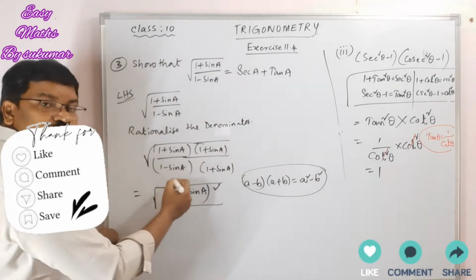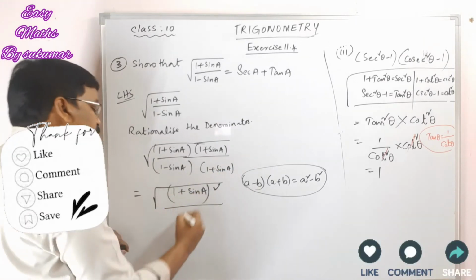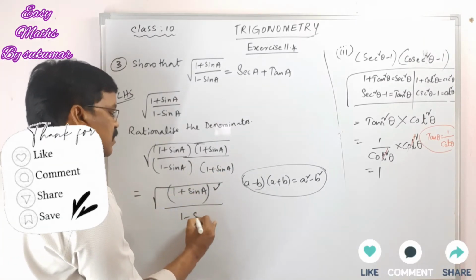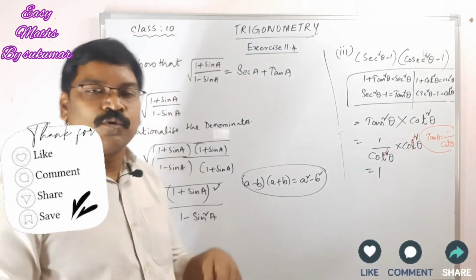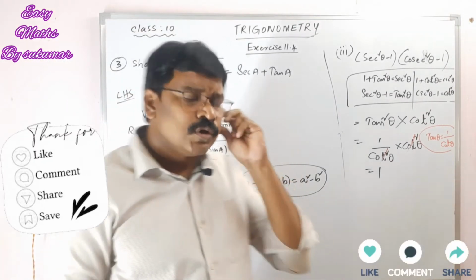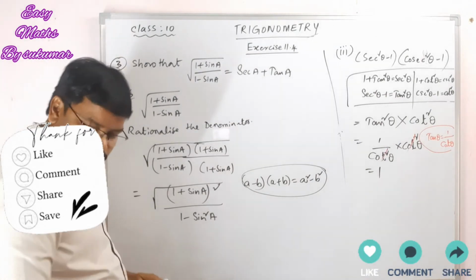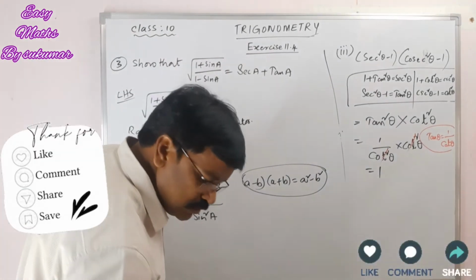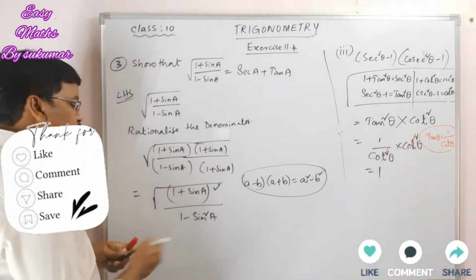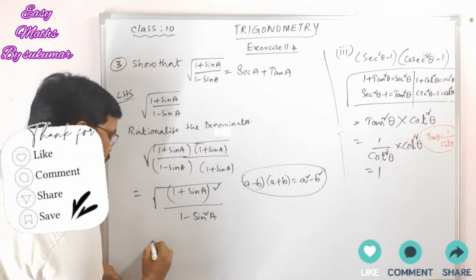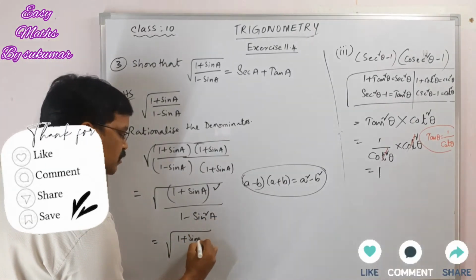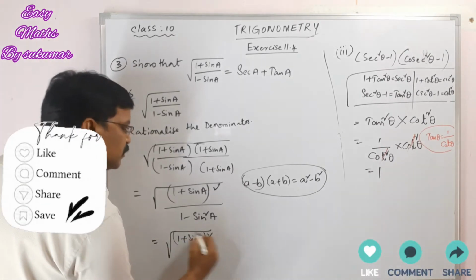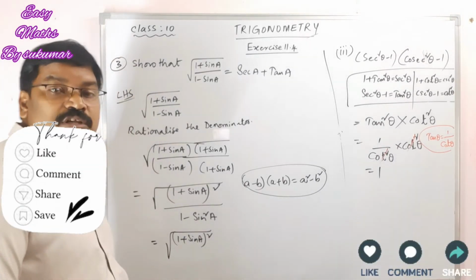So my dear students, instead of this 1 minus sin A into 1 plus sin A, we can write 1 minus sin square A. Of course, 1 square means 1 only. So 1 minus sin square A. Okay. See, look here, my dear students. Now, this 1 minus sin square A means what? Root of 1 plus sin A whole square by, this 1 minus sin square A means cos square A.